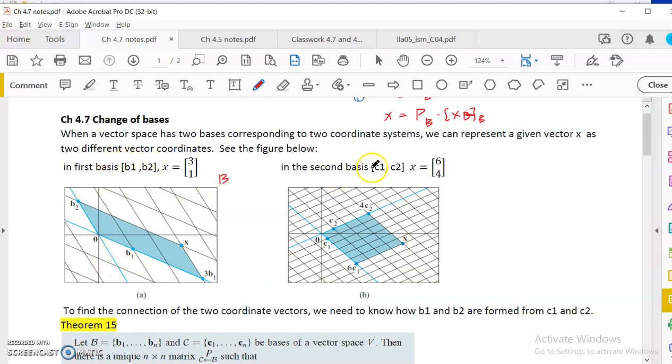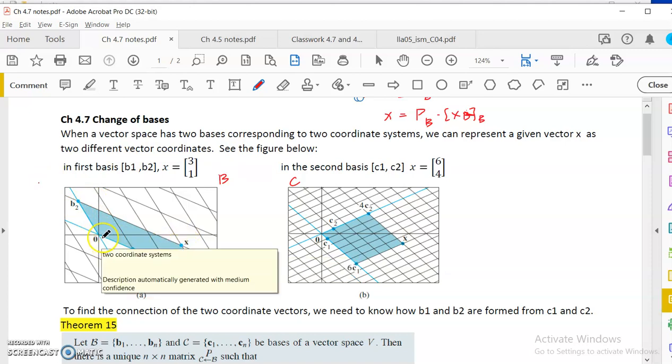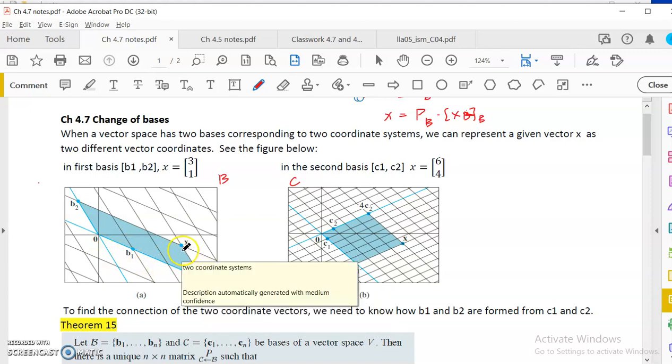The second one is called C, and consists of two vectors C1, C2. If I draw B1 like this and B2 like this, you can see that this particular vector X can be represented by 3 times B1 and then 1 times B2. So we can write it as 3, 1.